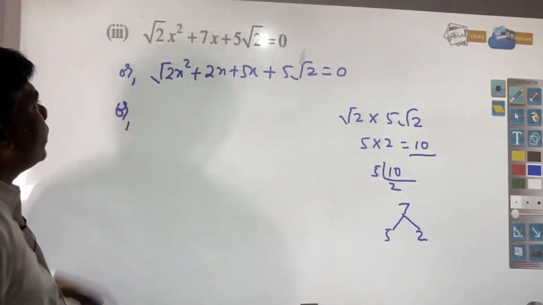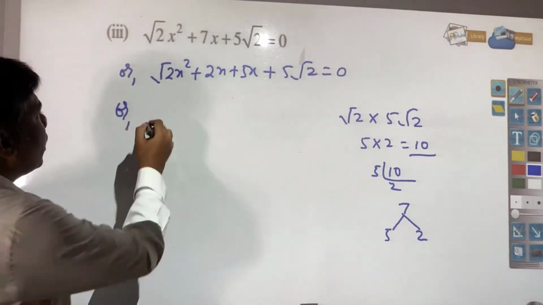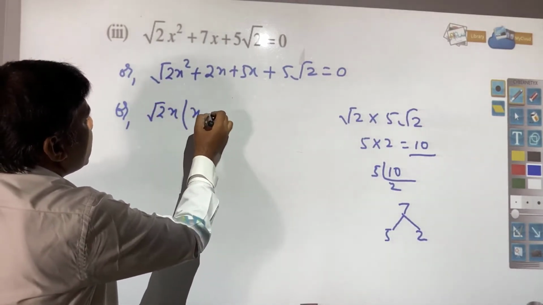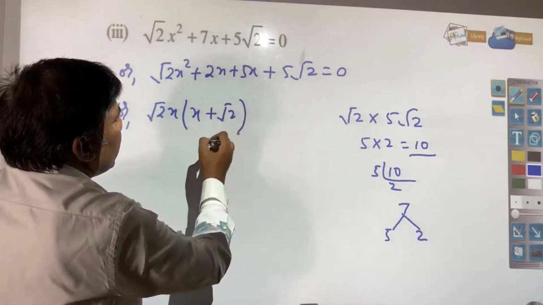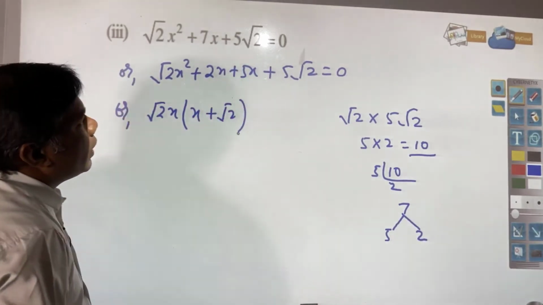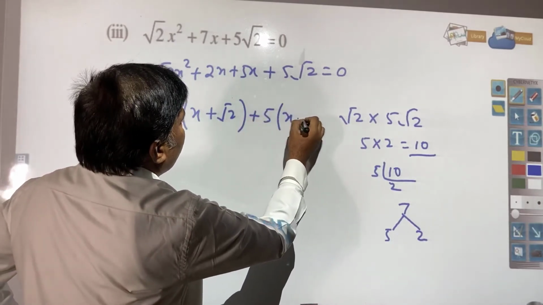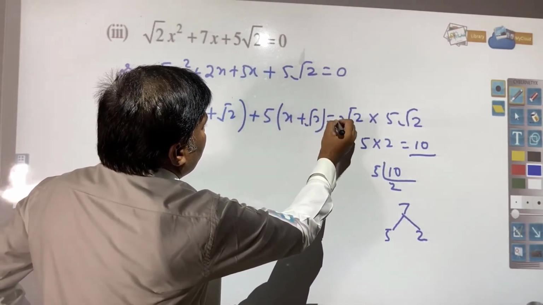Here you see what common you can see over here, root 2x. Here you will be left with x plus root 2. Here you see what common you will get, 5. So x plus root 2.